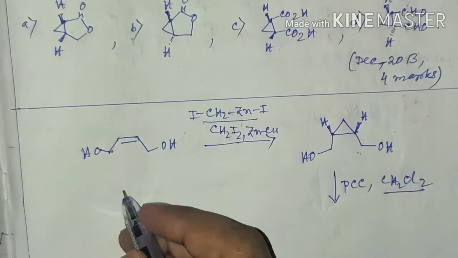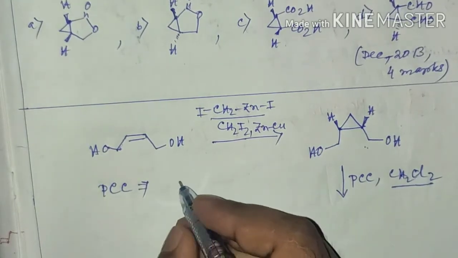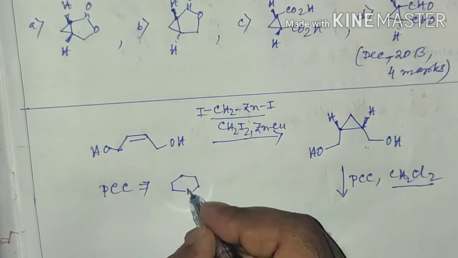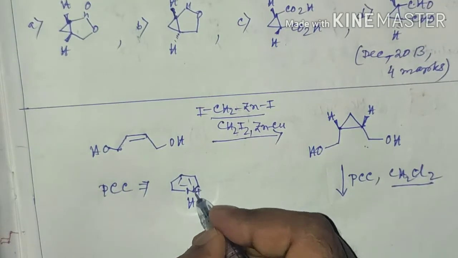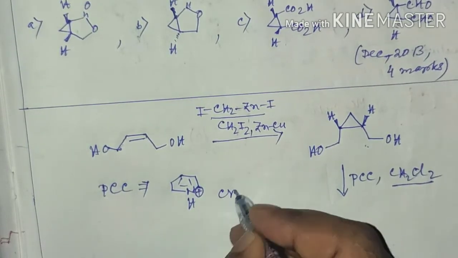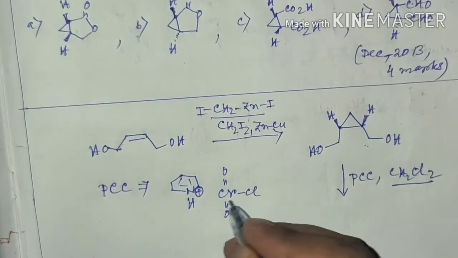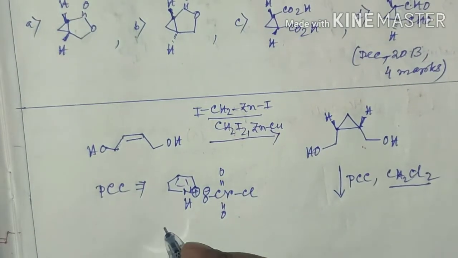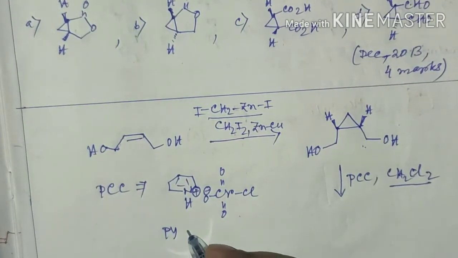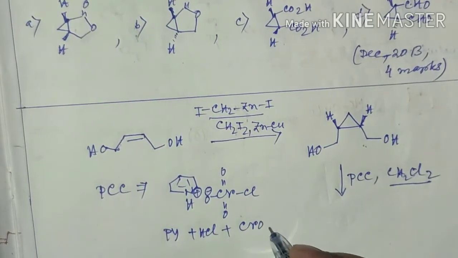and DCM is the solvent. Now PCC is pyridinium chlorochromate, and the structure of this is like this, and that is prepared by the reaction between pyridine, HCl and chromium trioxide.